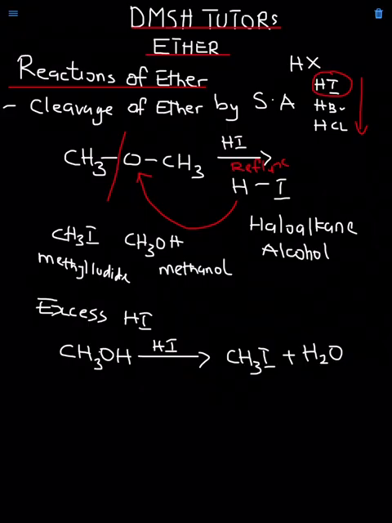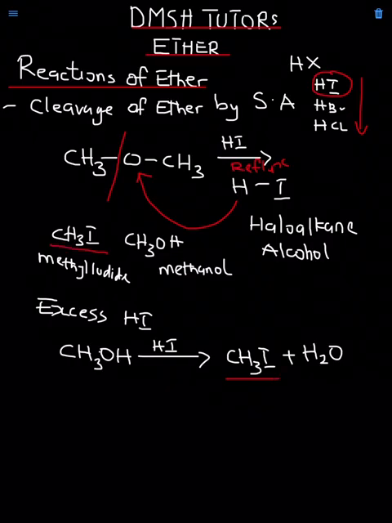So therefore, if we use excess hydrogen iodide, we are going to have the two products to be haloalkanes. Please note it. Though we are going to form alcohol first, that alcohol that forms we later convert to haloalkane.